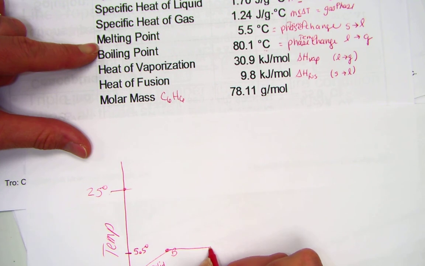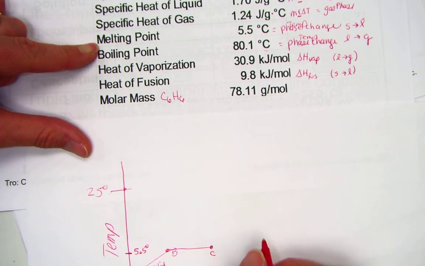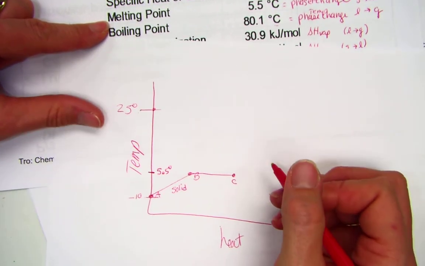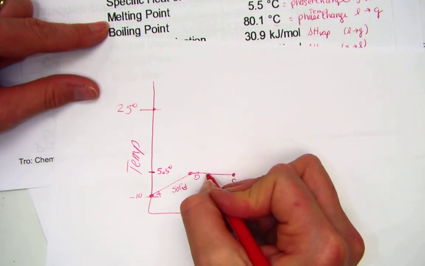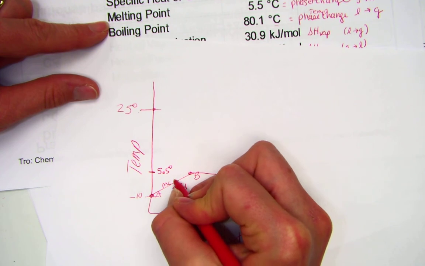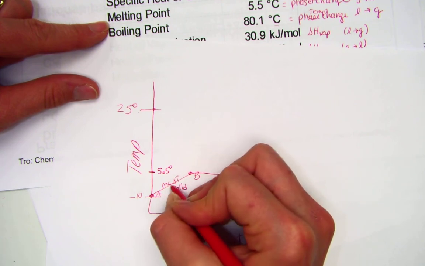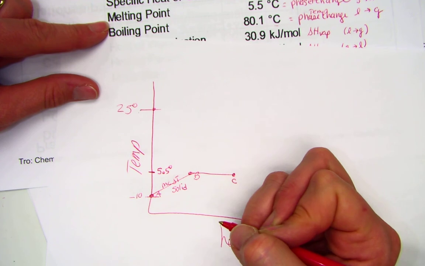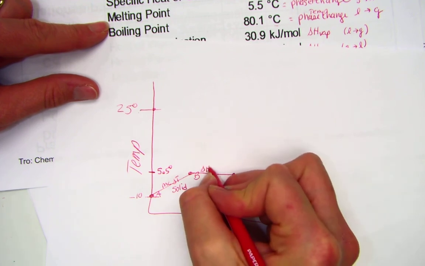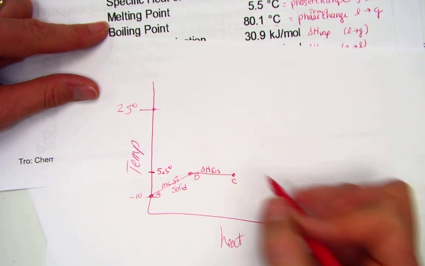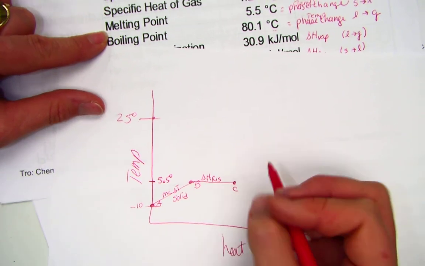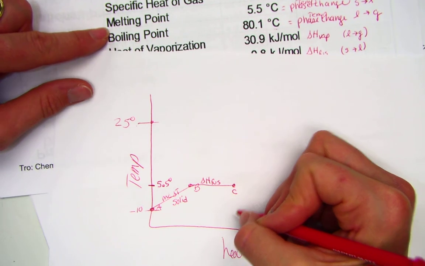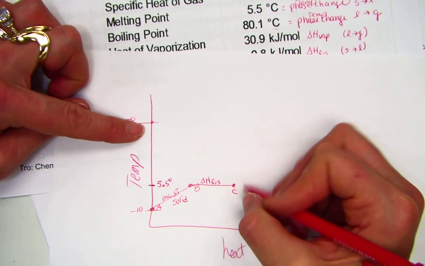The process of changing phase is a flat line defined as the delta H of fusion. So line segment AB is an MC delta T where the specific heat constant is for the solid phase. This, by definition, is the heat of fusion, how much energy it takes to turn the solid into a liquid. Then I continue to add energy, but it says end at 25 degrees.